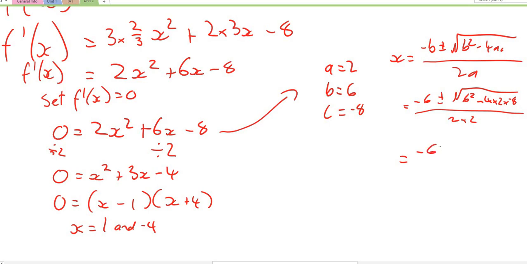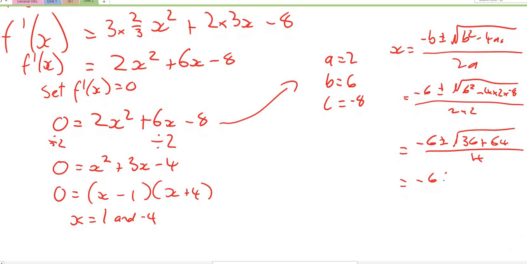So that's -6 plus or minus the square root of 36. Now, I'm just going to go straight to putting a plus in there because we've got minusing a negative. 4 times 2 is 8. 8 times 8 is 64, over 4.